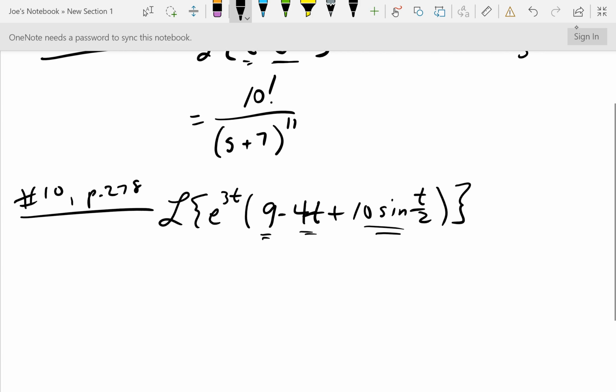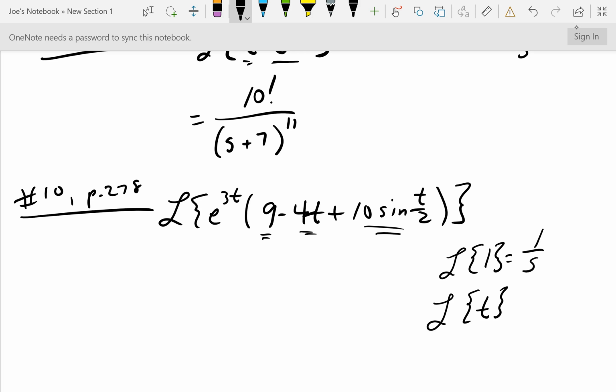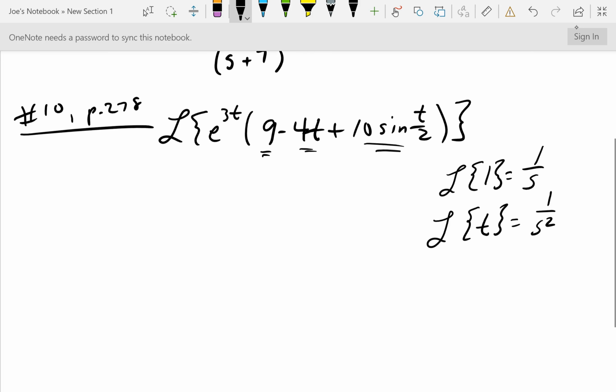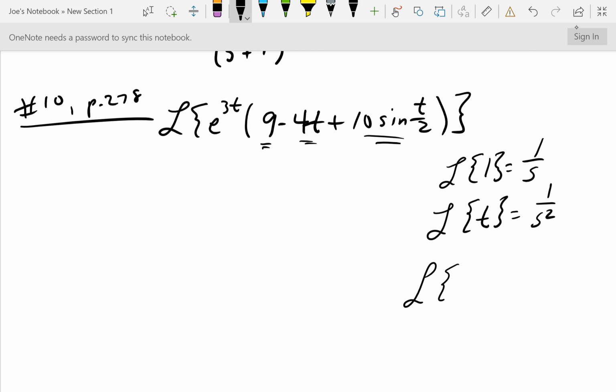We recall that the Laplace transform of 1 is just 1 over s. The Laplace transform of t, of course, using that formula we had above, would be 1 over s squared. And the Laplace transform of sine of kt is k over s squared plus k squared.